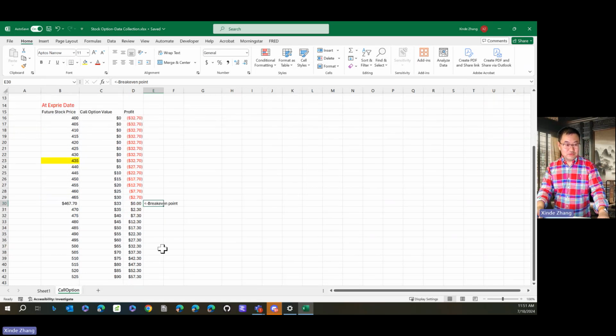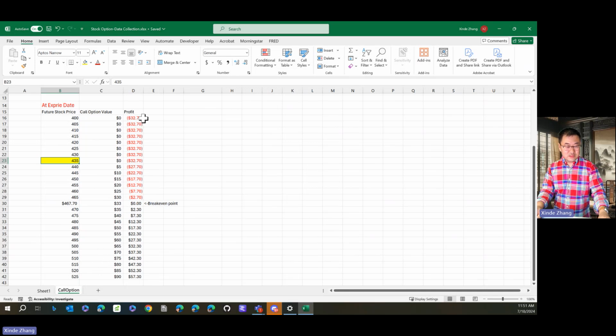Now let's review what we did. We actually figured out what will be the option value, given the strike price will be 435. So the option value increases along with the stock price: the higher the stock price, the higher the option value.